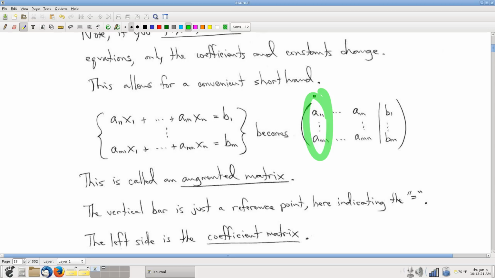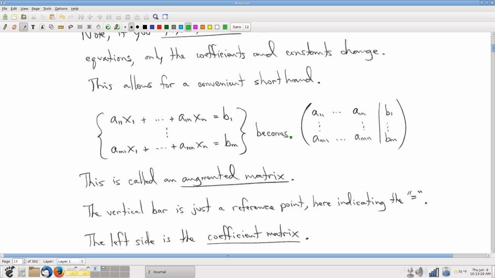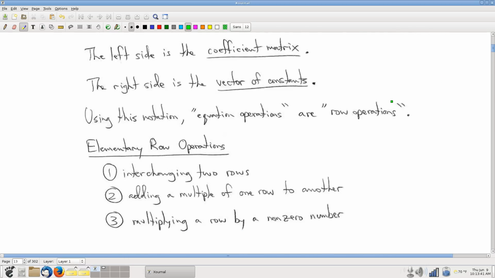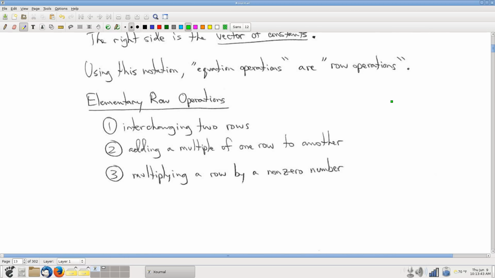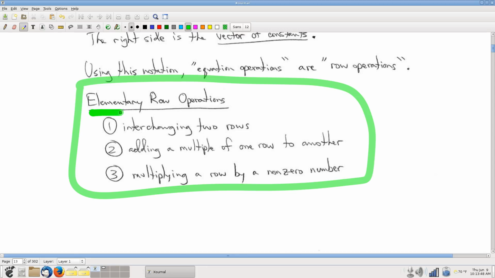So you might say columns correspond to variables, and rows correspond to equations. So if you are using this shorthand, and if you want to apply elementary equation operations, well, equations, being as they are just rows in the shorthand, elementary equation operations we can reinterpret as elementary row operations.